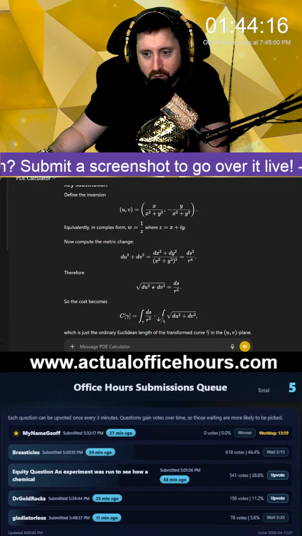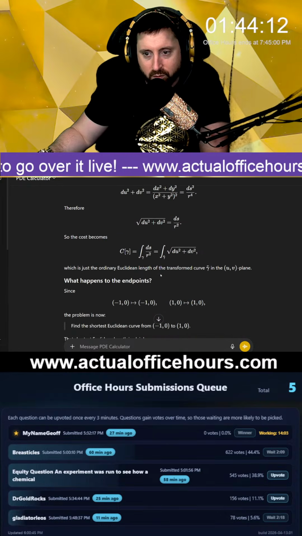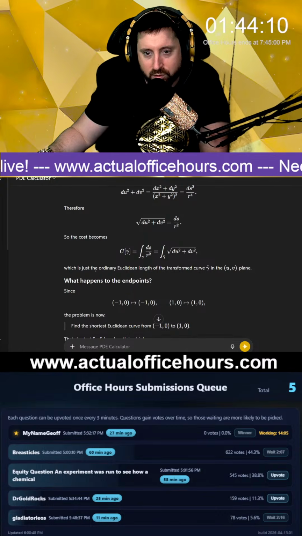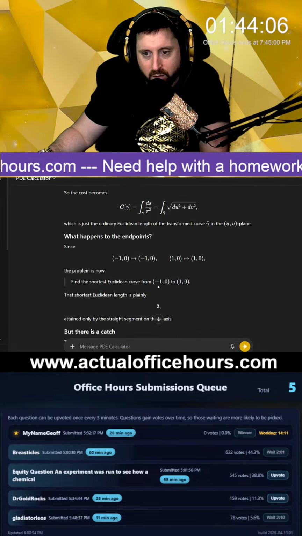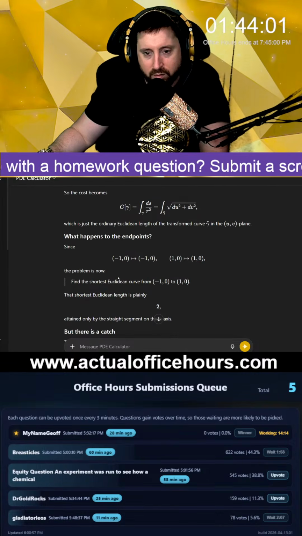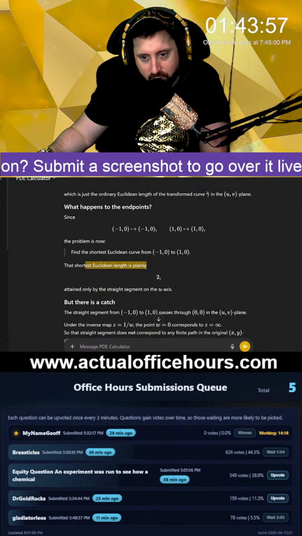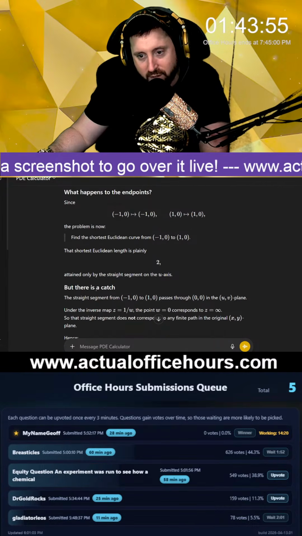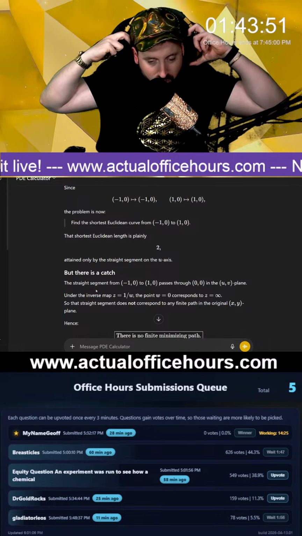Oh, wow. Then compute the metric change. So the cost becomes this, which is just the ordinary Euclidean length of the transformed curve in the uv plane. What happens to the endpoints? Okay, they stay the same. The shortest Euclidean length is plainly 2, attained only by the straight segment on the u-axis. Okay.